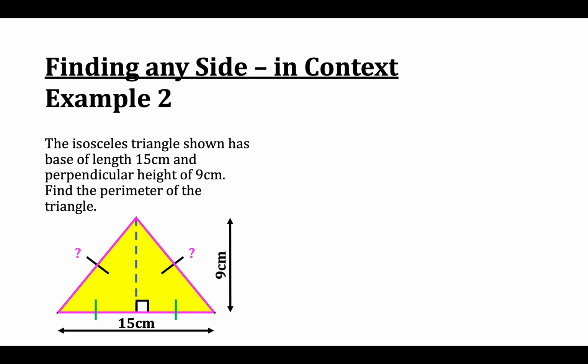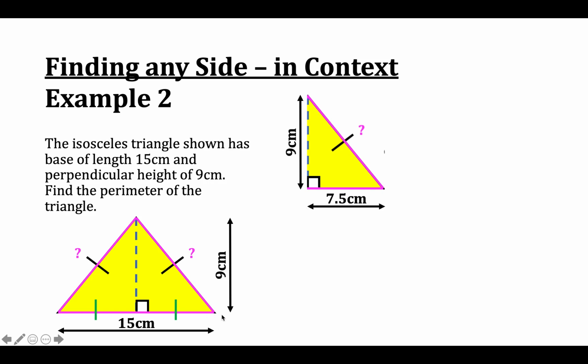So we now have a right angle triangle. And we know that the height is 9 centimetres. We actually know the base as well, so if the full base of the bigger triangle was 15, that means this must be 7.5 centimetres.